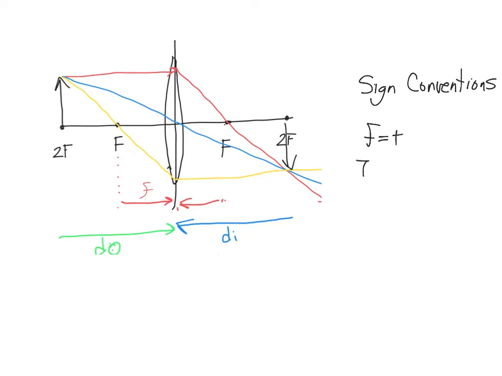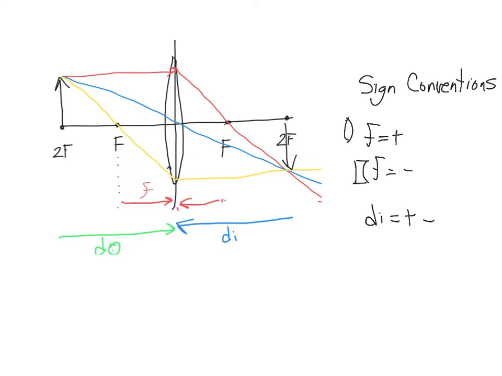If it is a diverging lens, then F will be negative. So it could have been, for example, negative 6 centimeters. In this case, the distance of our image was positive, and that indicates whether the image is real or virtual.